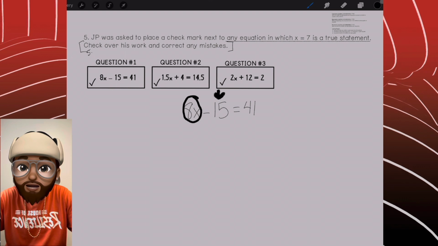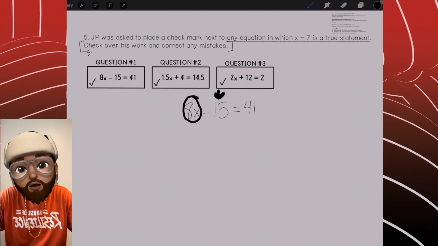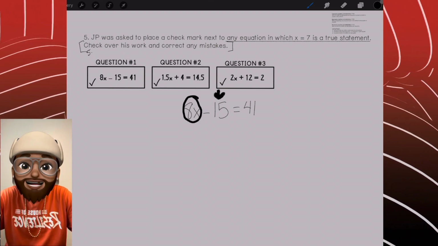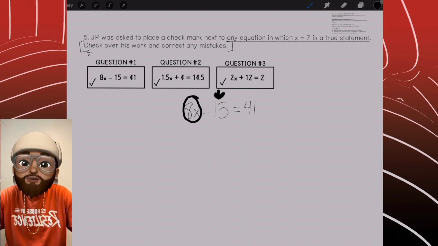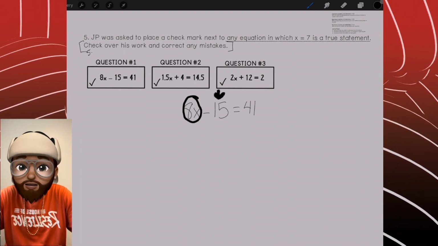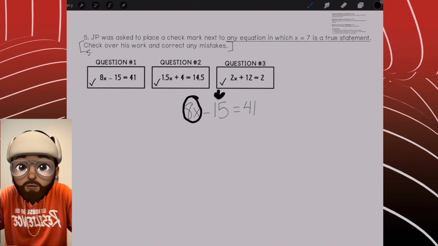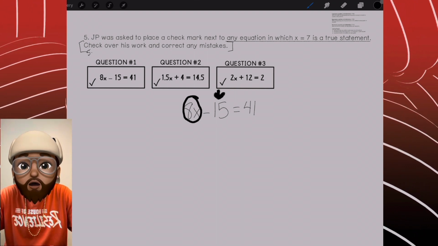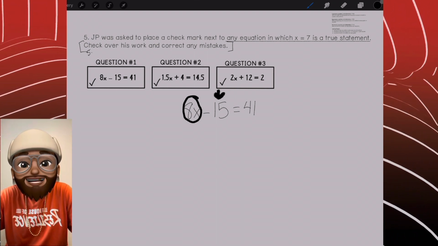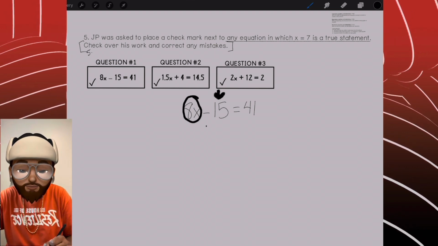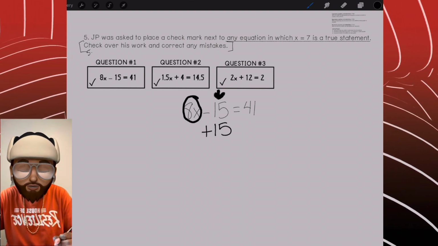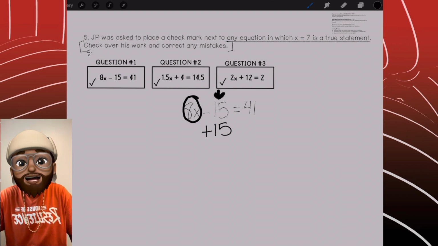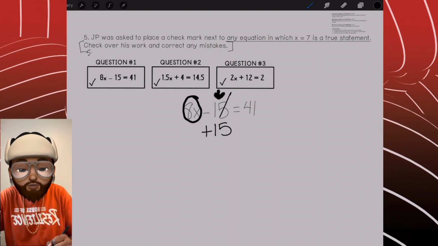How can we do that? Well, just like in one-step equations, we are going to do the inverse operation, or the opposite operation, to what's happening there. Right there, it is minus 15. So to zero this out, we need to add 15 so that negative 15 plus 15 will equal 0.